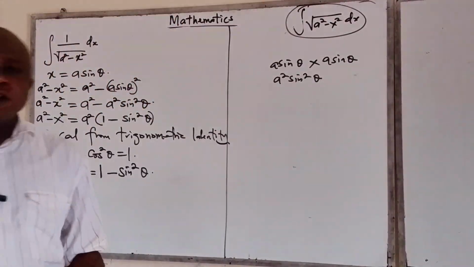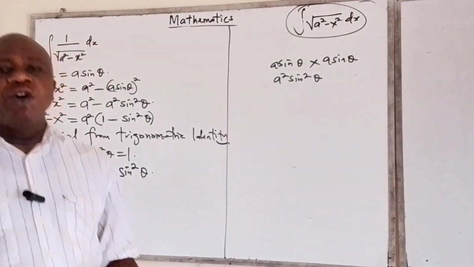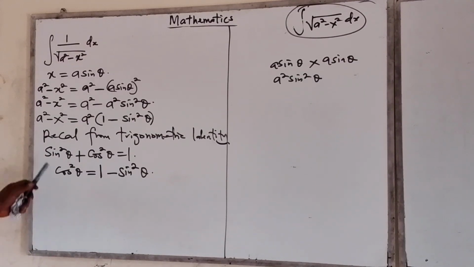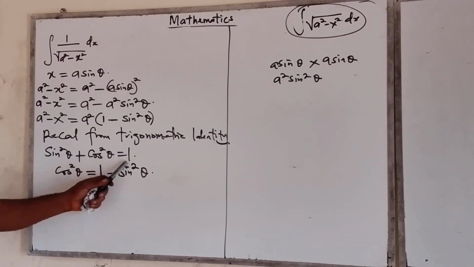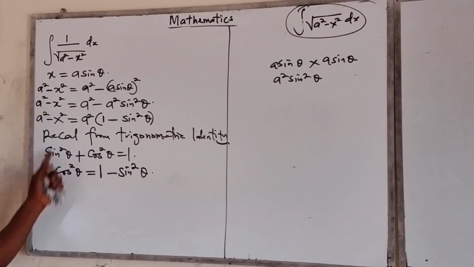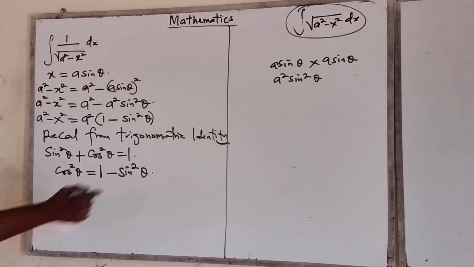Sine squared 5 billion plus cos squared 5 billion is equal to 1. It therefore means that cos squared theta is equal to 1 minus sine squared theta.